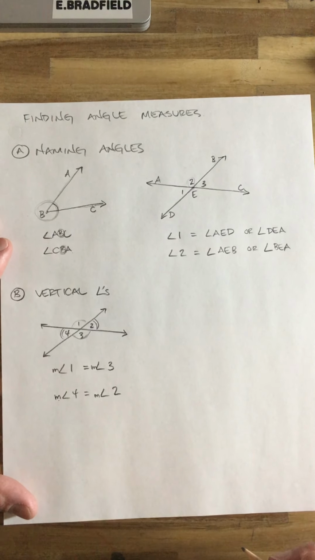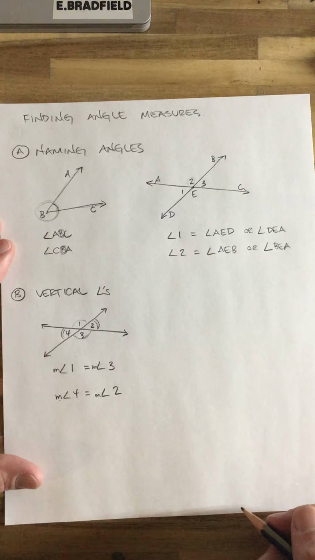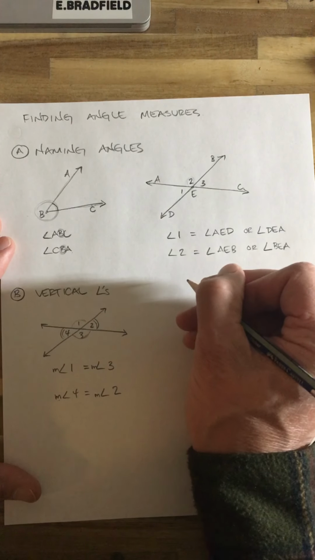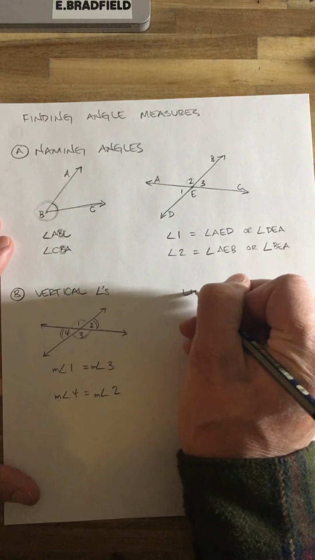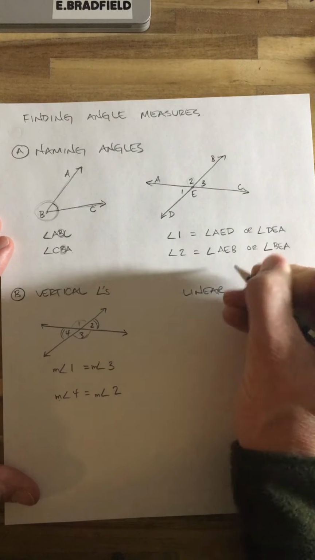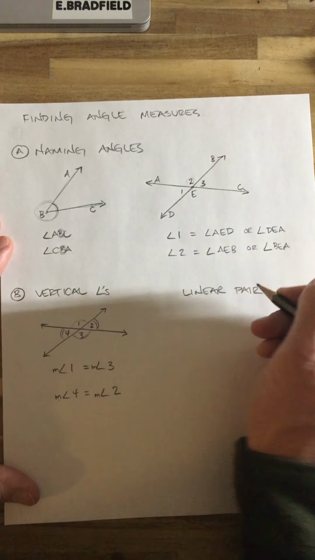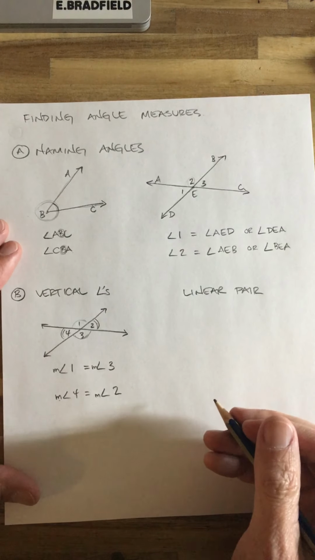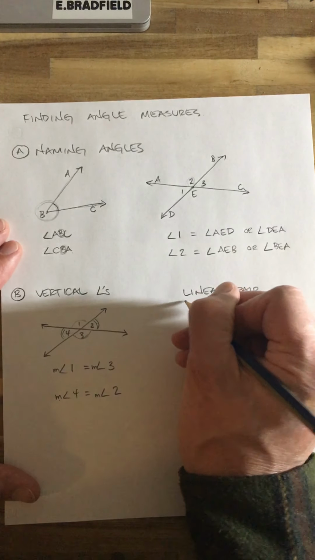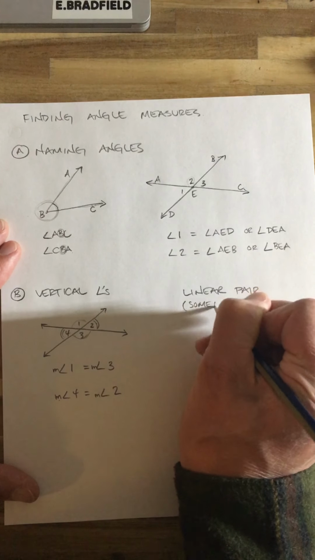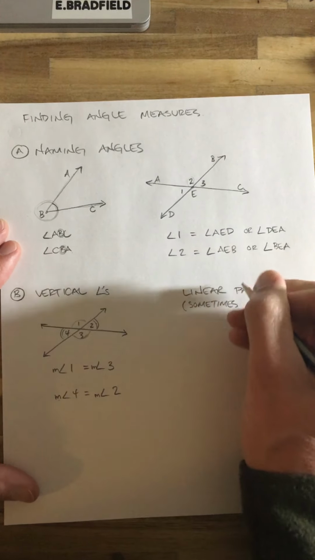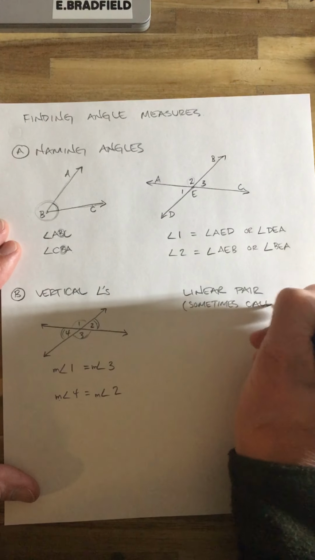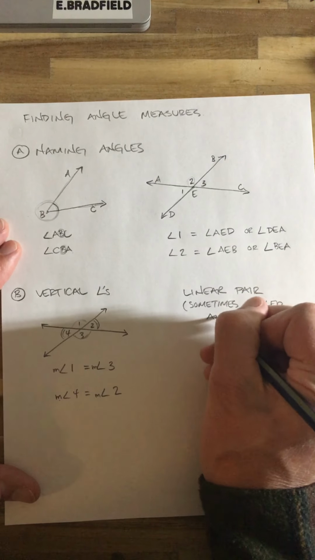Those are vertical angles. All right, we also have a linear pair, okay? Linear pair. And in your homework, you're also going to see them sometimes called, not always, just sometimes, adjacent.